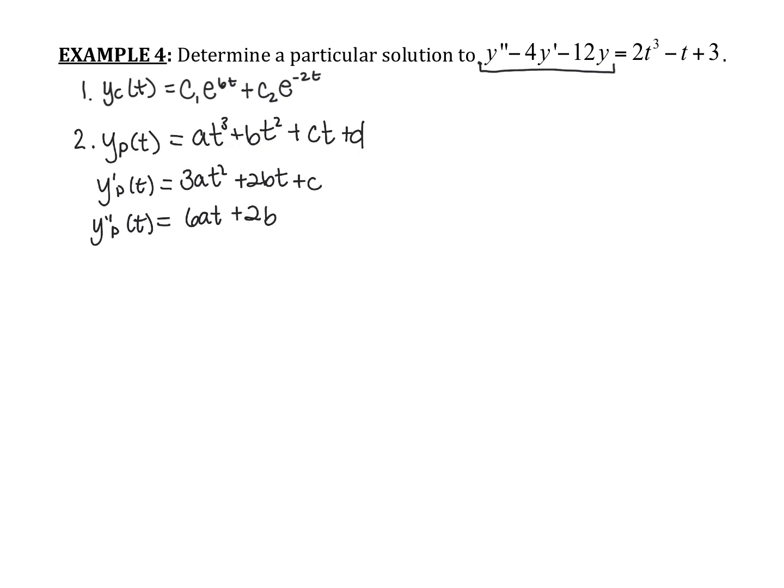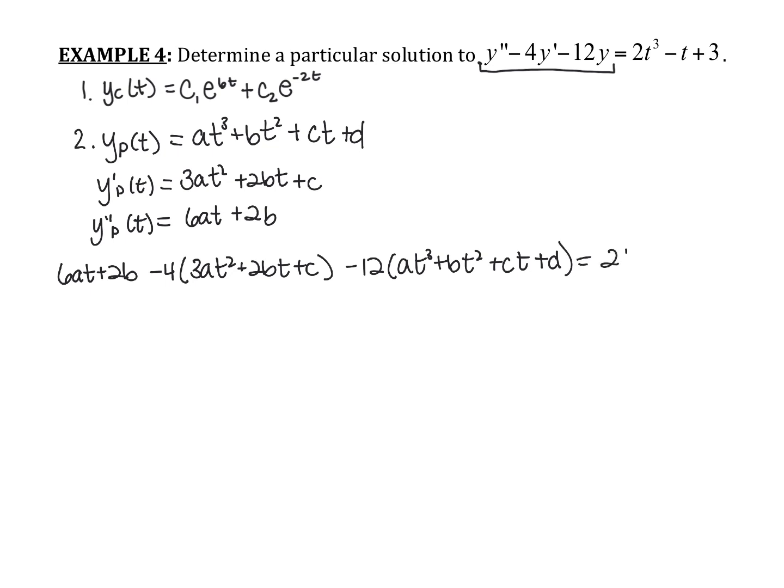And if we substitute all of this in, it gets real messy real quick. So we would have 6at plus 2b, minus 4 times 3at squared plus 2bt plus c, minus 12 times y, which is at cubed plus bt squared plus ct plus d. And all of that needs to equal 2t cubed minus t plus 3.